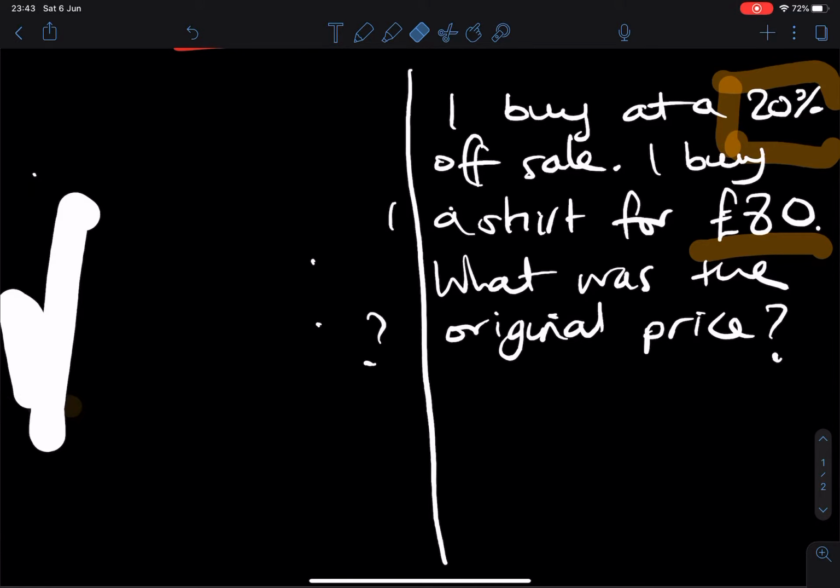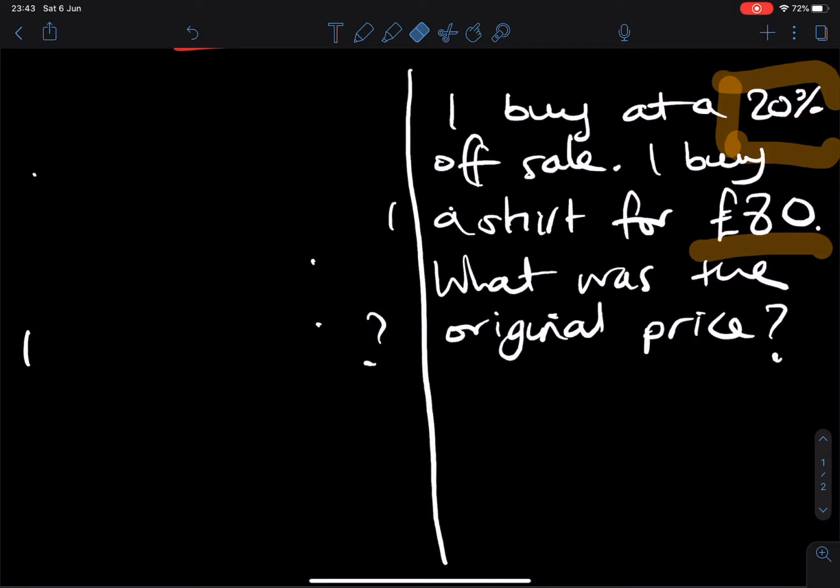If I reduce a price by 20%, the new price must actually be 100%, which is the original value, take away 20%. I'm actually trying to work out 80% of the original value.